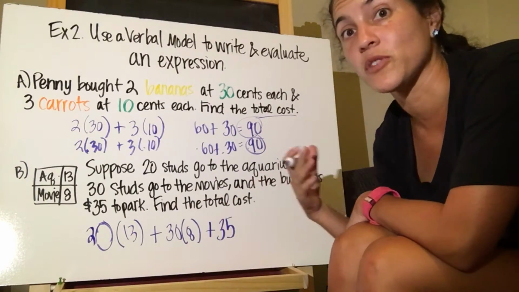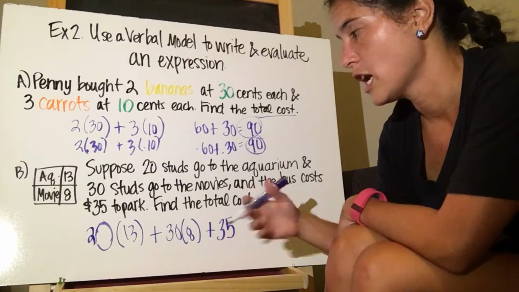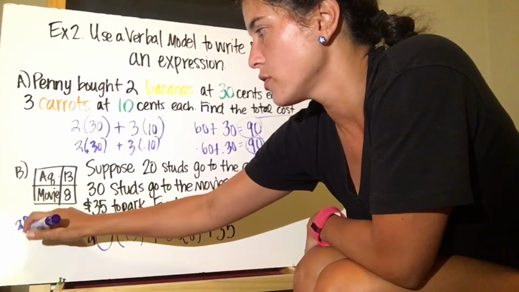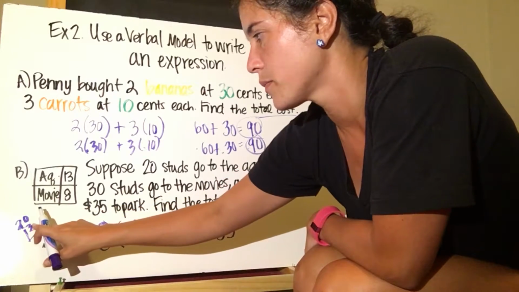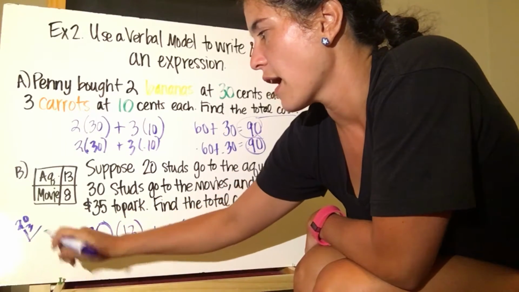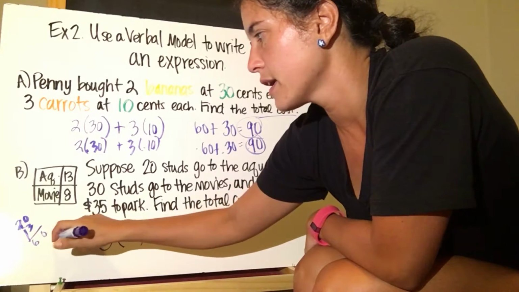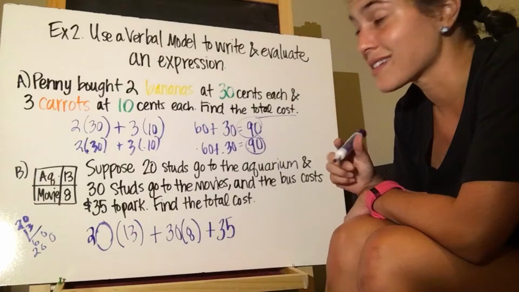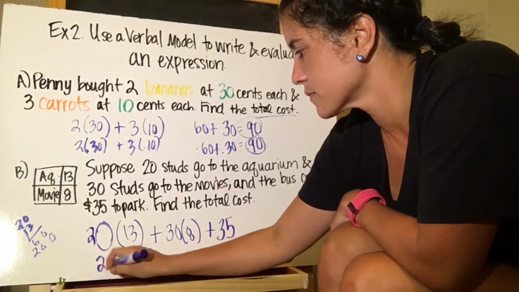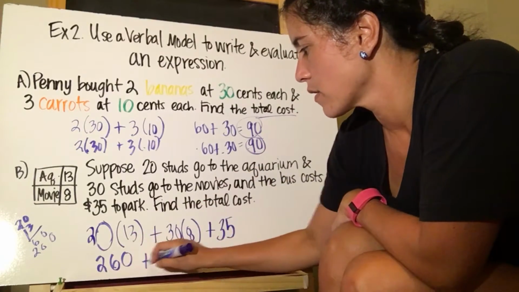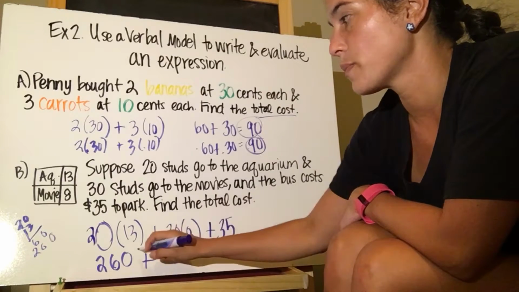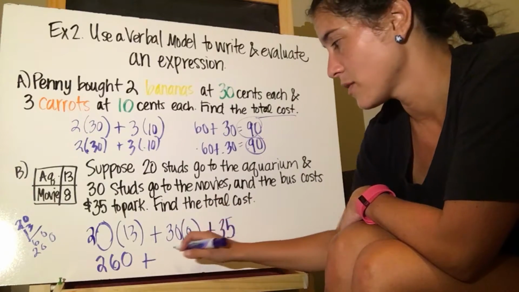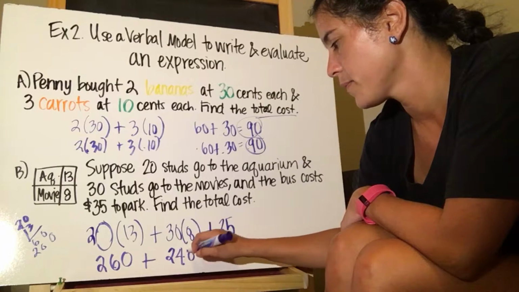And now I'm going to evaluate the expression. Let's see, 20 times 13. If you don't know, you come out to the side and you multiply. So it would be 260. $260 for the people going to the aquarium, plus 30 times 8 would be $240.